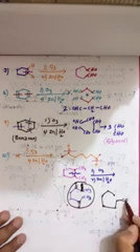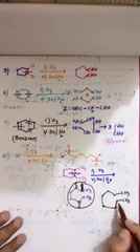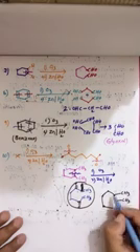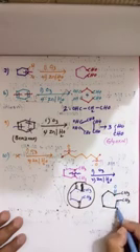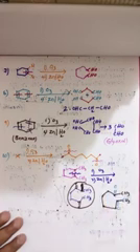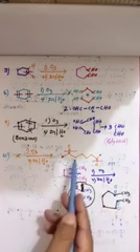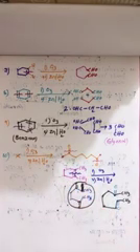And here CH3, and here CH3. And this carbon gets a double bond, this carbon gets a double bond. Clear? Now 1, 2, 3, 4, 5, 6, 7, 8. You got here an open chain.